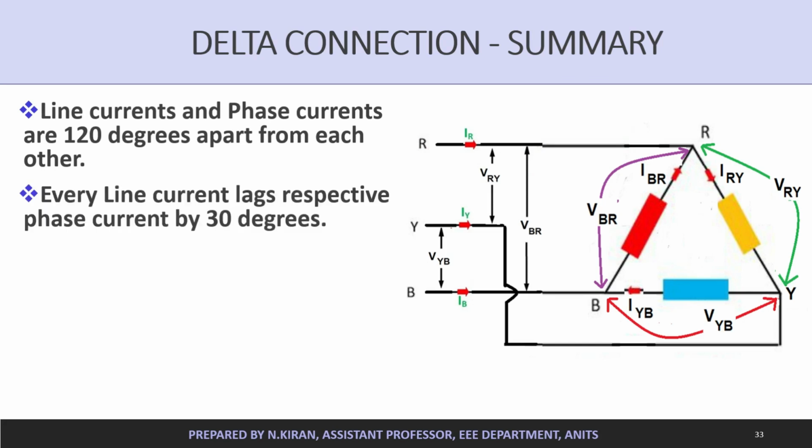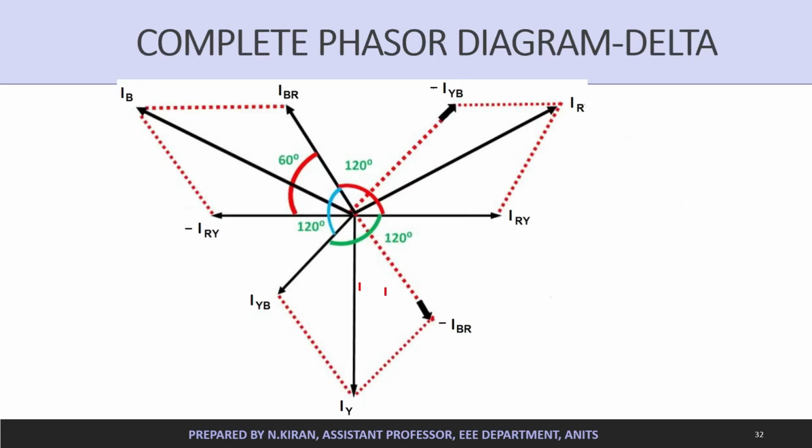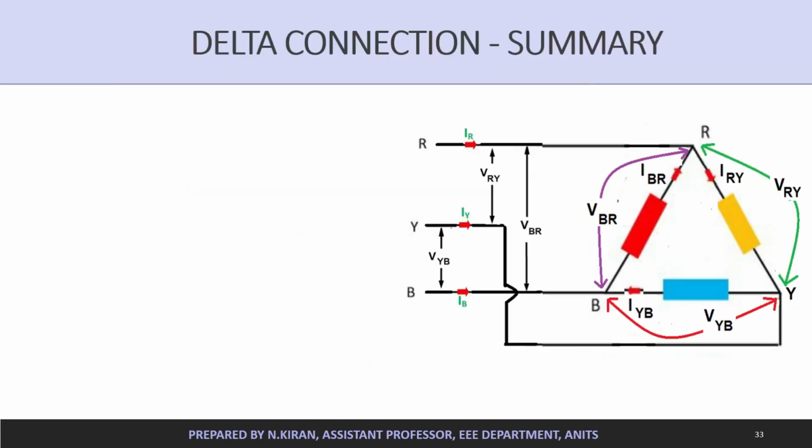Every line current will lag the respective phase current by 30 degrees. You can see it clearly that IRY is the phase current and IR is the line current. Since this is taken as a reference, I obtained the resultant vector below the reference phasor. Hence, line current will lag the phase current by 30 degrees.